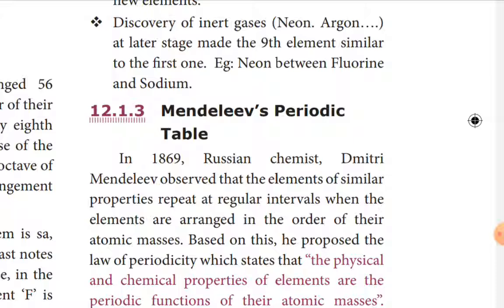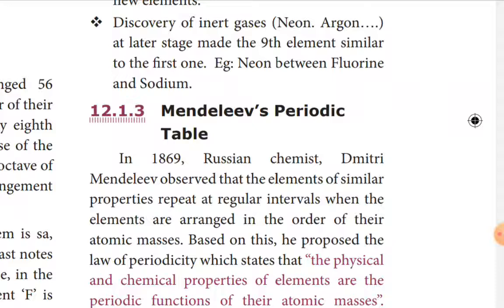What did he observe? He observed similarities in the properties of the elements when they are arranged by atomic mass. He observed that elements having similar properties are repeated at regular intervals when he arranged the elements in the order of atomic masses.